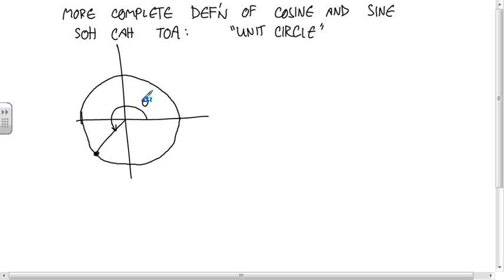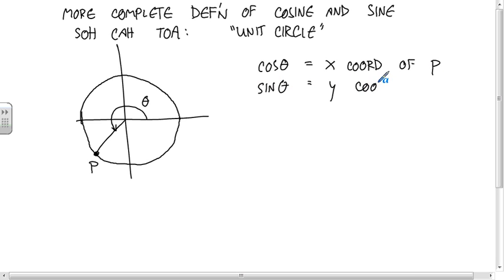Okay. Then, let's call this point P. The cosine of that angle is the x-coordinate of P, and the sine of that angle is the y-coordinate of P.